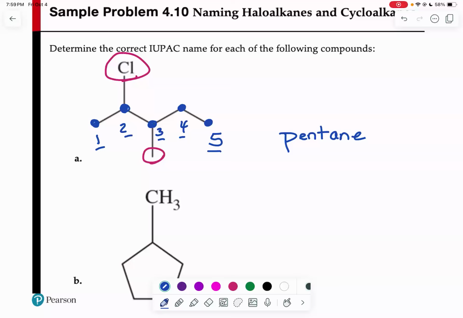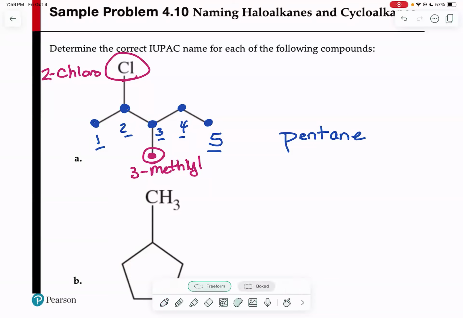But now I also have to name the substituents. When I look at the substituents, I have a chloro group, and then I have 1 carbon. I can't count the blue carbons; I'm only counting the carbons that are in the substituents. So this is 1 carbon, and 1 carbon is meth. This is methyl, because this is a substituent and not a parent. The chloro is coming off of carbon number 2, and the methyl is coming off of carbon number 3.